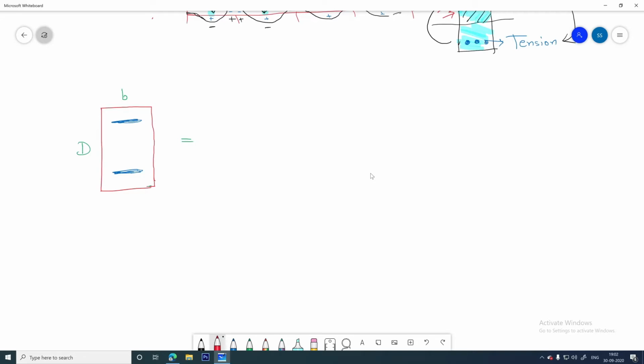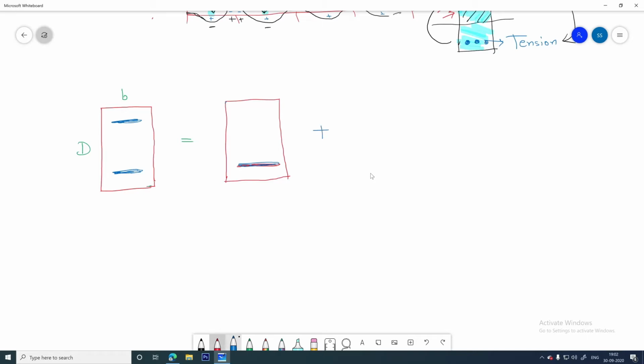What are those beams? Look, first one is considering it as a singly reinforced beam. You simply consider this as a singly reinforced beam.